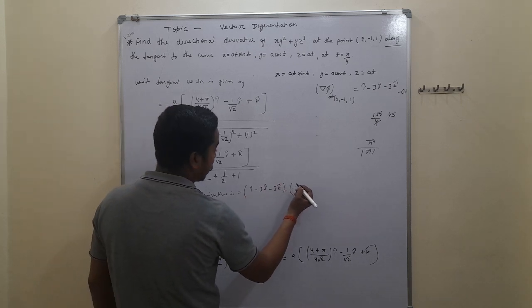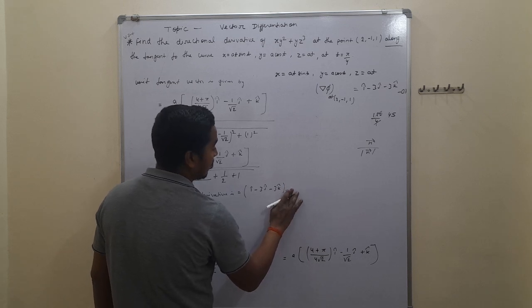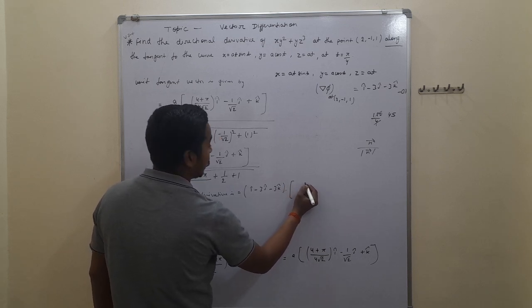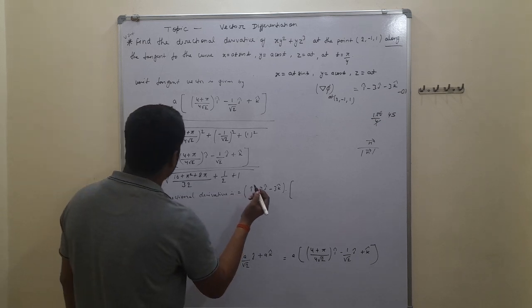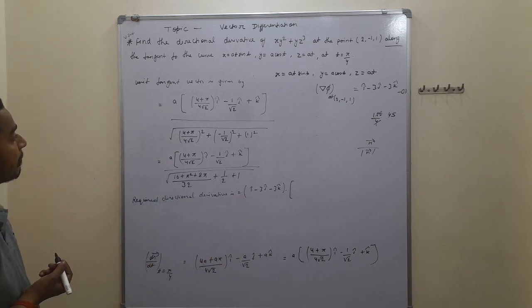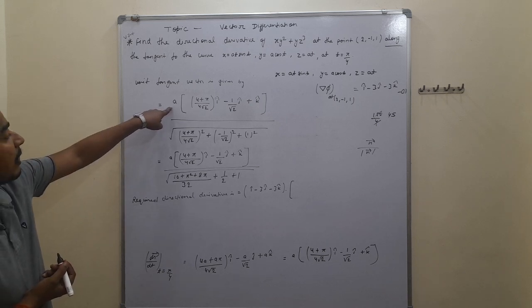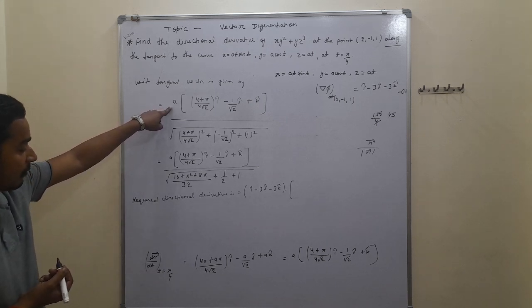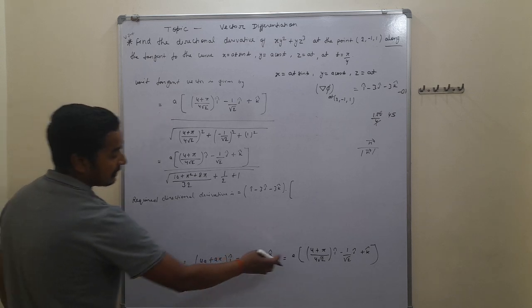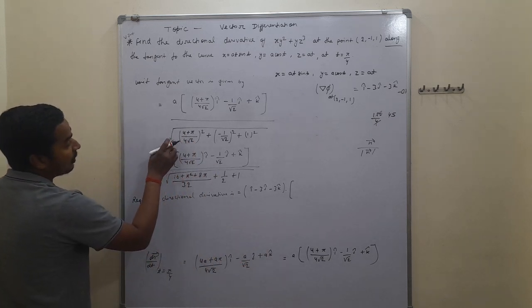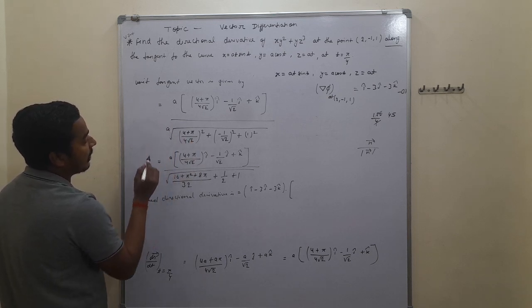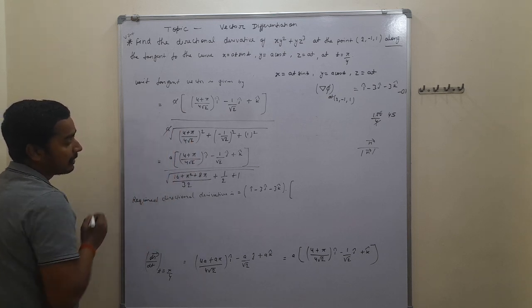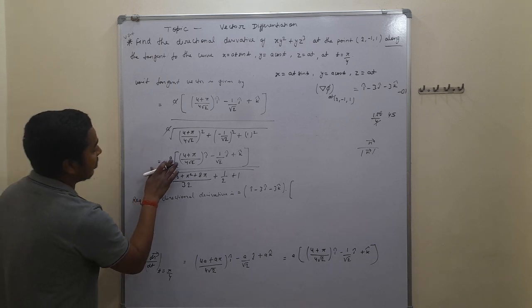So we have to write here, once again using the unit tangent vector. Here a is already present, so taking the coefficient, a outside and a over a cancels out.